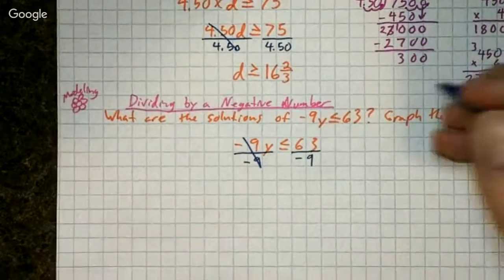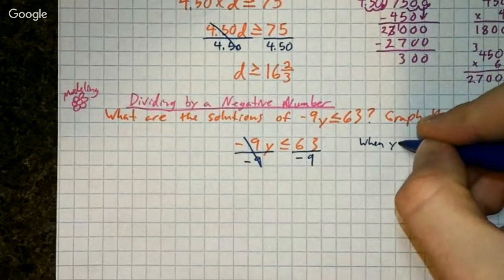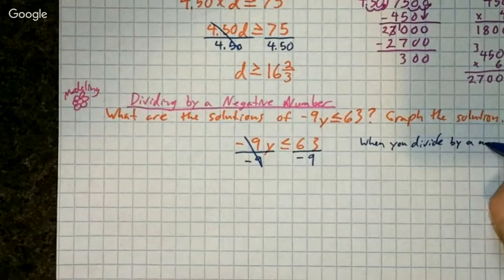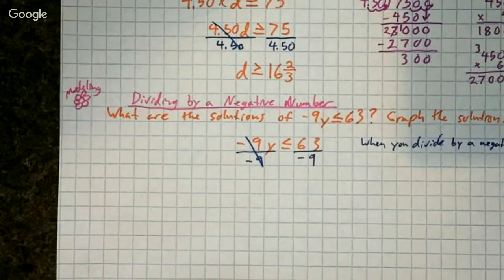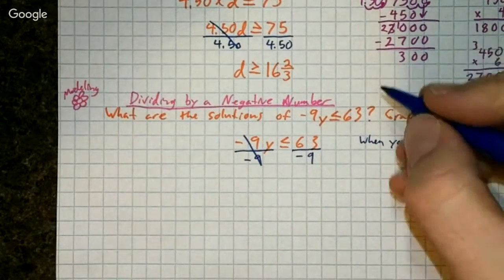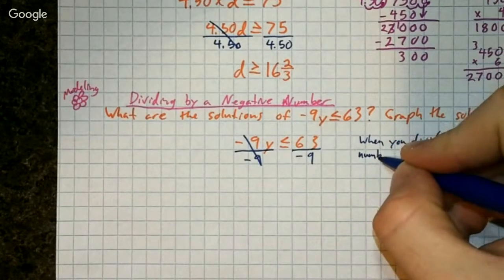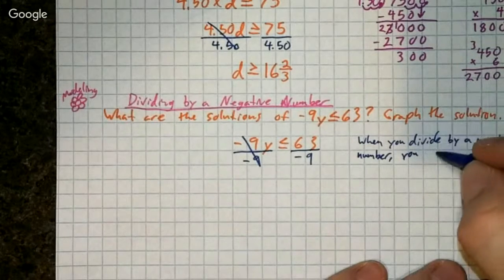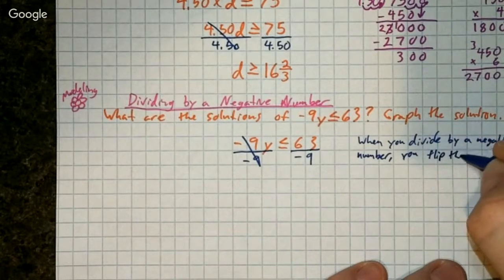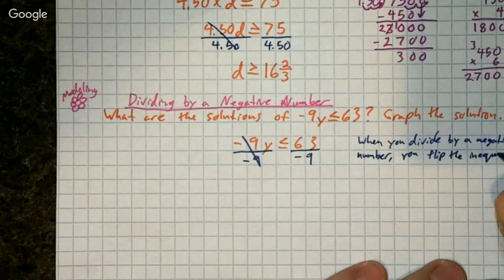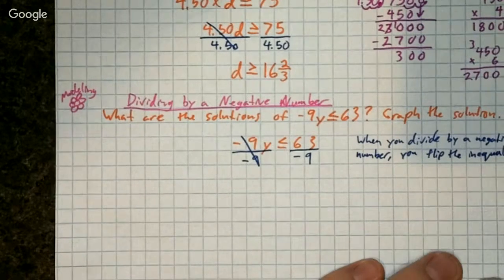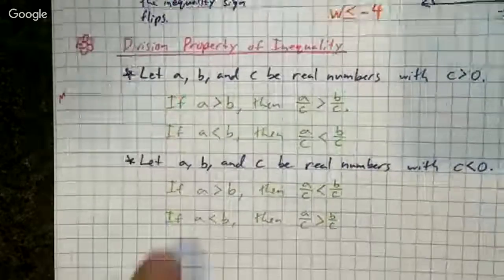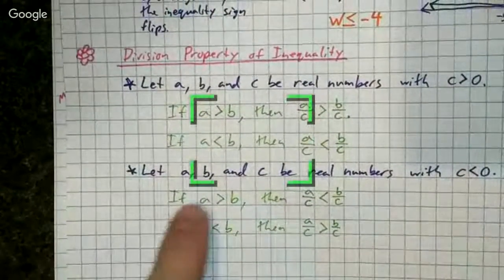Now, very important to remember, when you divide by a negative number, you flip the inequality. Remember, we're getting that from our property here. We flip that inequality sign.